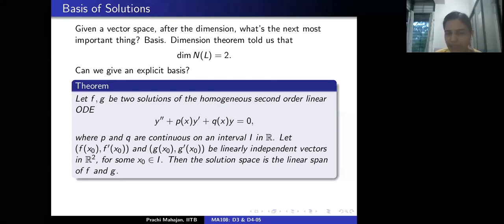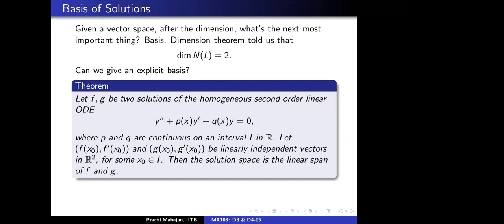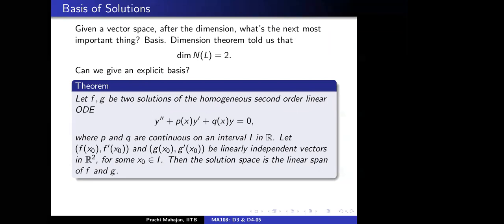You will also need the information about the derivative of g, because you are doing a second order differential equation. Not just g(x0), but also g'(x0). If these two are linearly dependent, then g must be a scalar multiple of f, right?